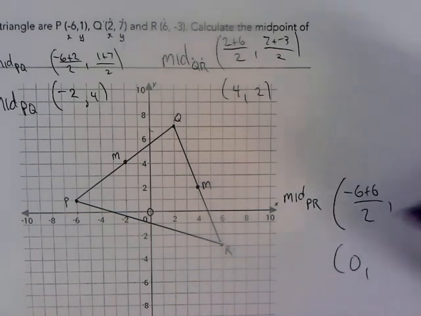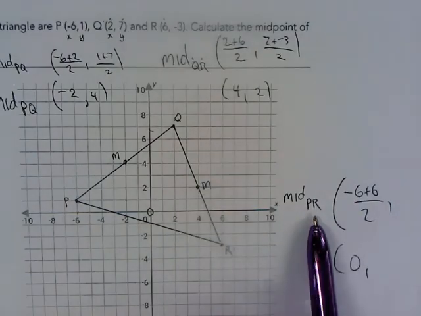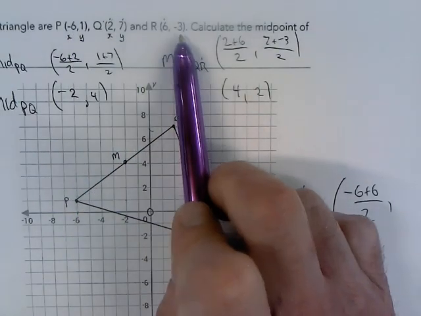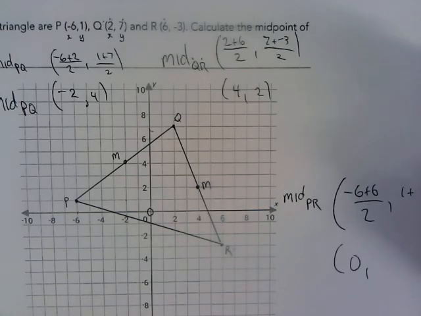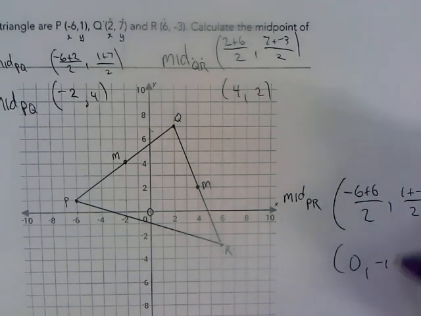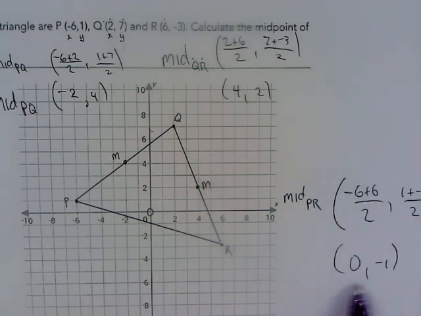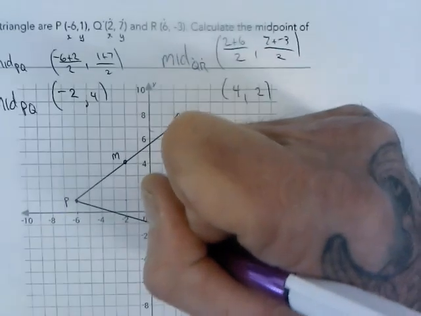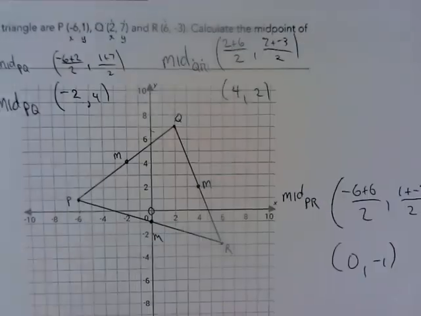And now for the Y's. From P to R. 1 plus -3 divided by 2. -3 plus 1 is -2, divided by 2 is -1. Let's see if 0, -1 looks like the midpoint. It certainly does. So there are our midpoints.